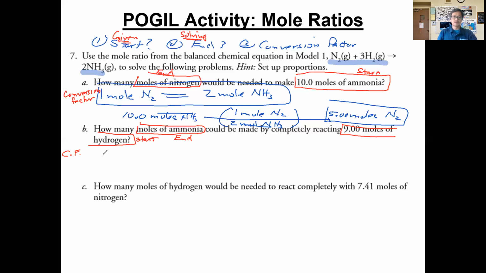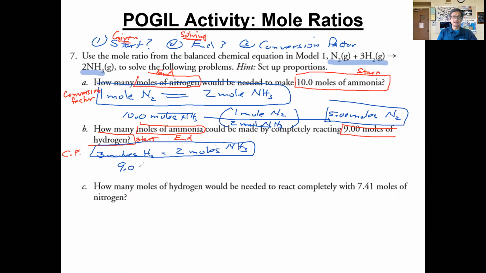So to solve the problem, we know that for this particular problem, 3 moles of hydrogen is equivalent to 2 moles of ammonia. So that's what we're going to use to solve for this one. I think, folks, this is all from chapter 10. This is something that I think is very familiar. These conversions should be fairly straightforward, but let's just quickly go through this and solve for it.